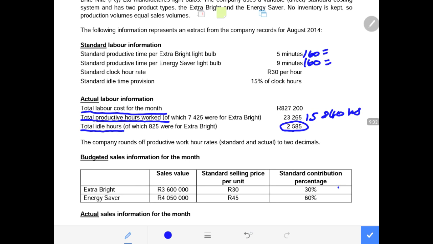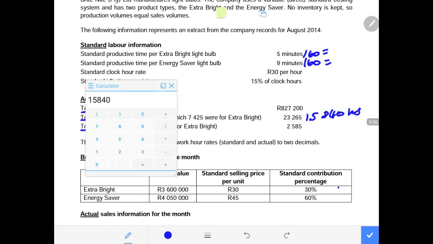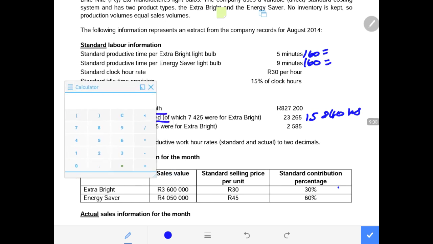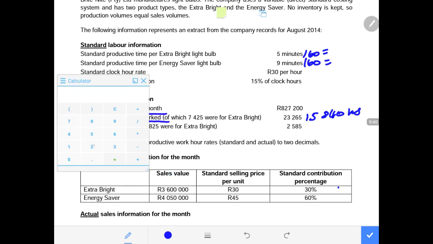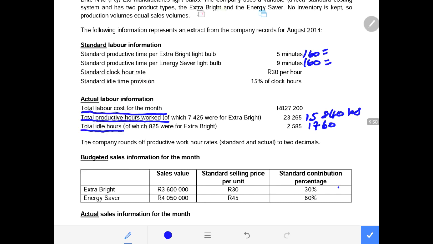So we need to know the idle hours for the energy saver bulb: 2,585 minus 825 is 1,760.